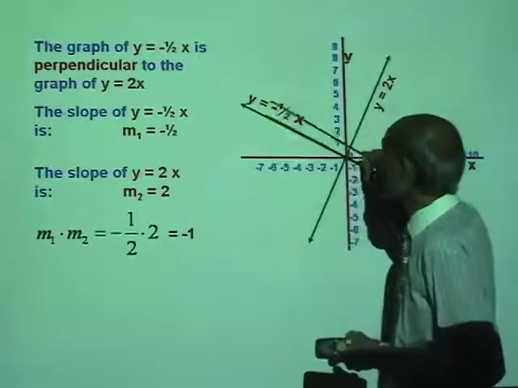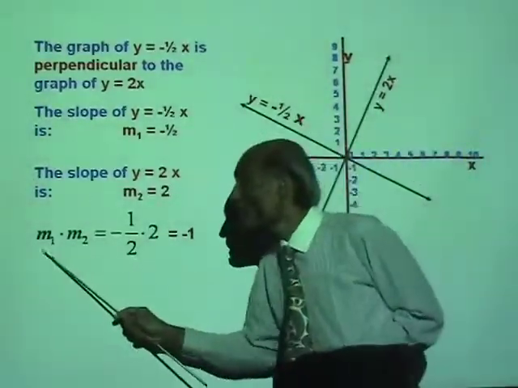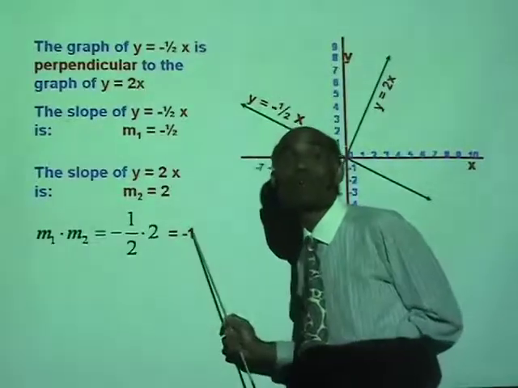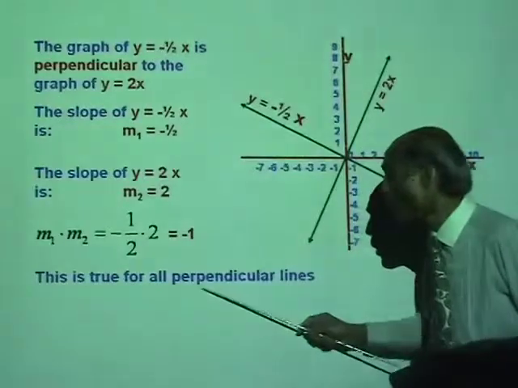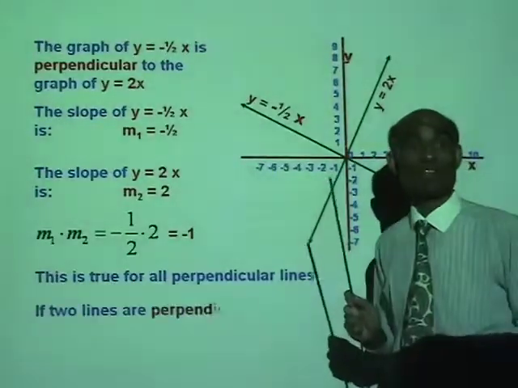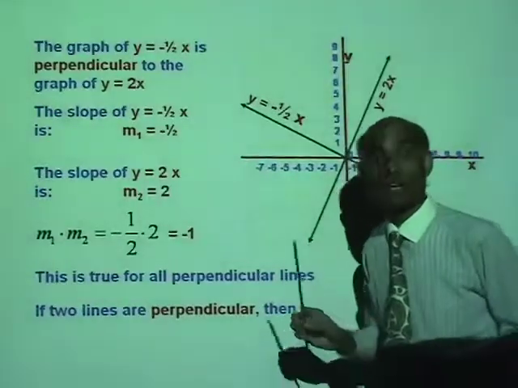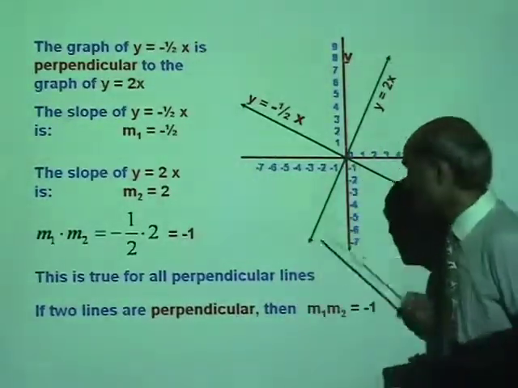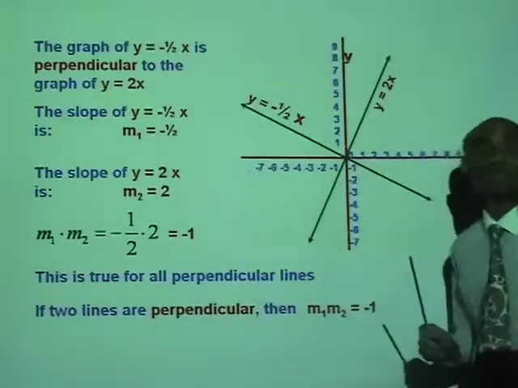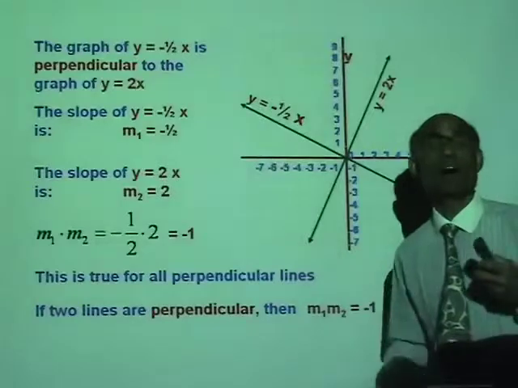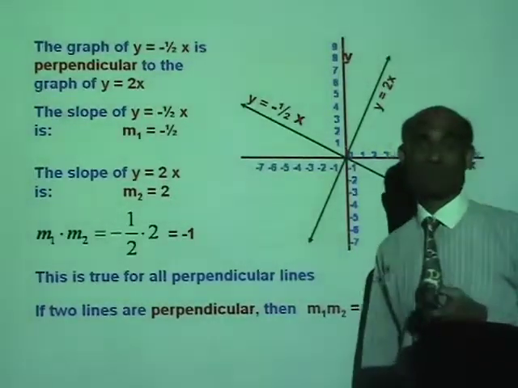So, if two lines are perpendicular, then the product of their slopes will be equal to negative 1. This is true for all perpendicular lines. If two lines are perpendicular, then the product of their slopes will always be negative 1. m1 times m2 will be equal to negative 1.